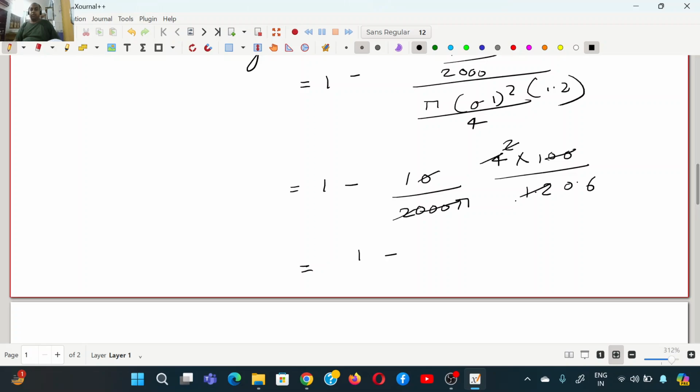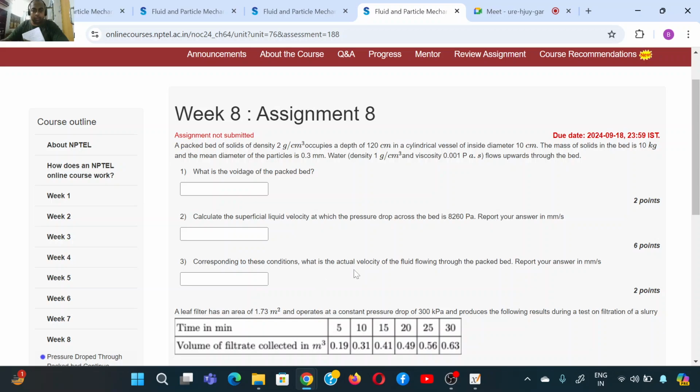So it comes to 1 minus 1 by pi into 0.6. If you calculate this, you will get 0.47. That's what I got. More or less shows that 0.47 is the answer. Anyway, you can check the calculation yourself. So this is the voidage.